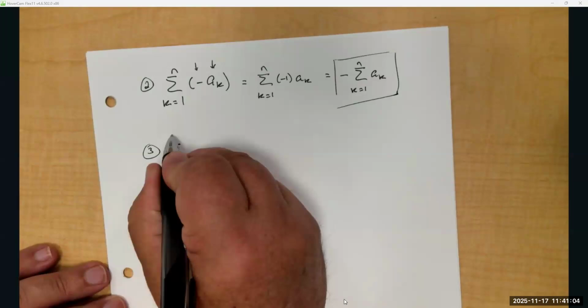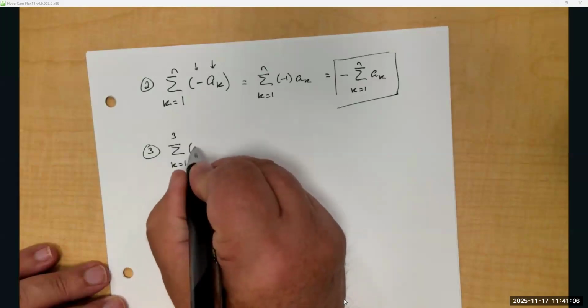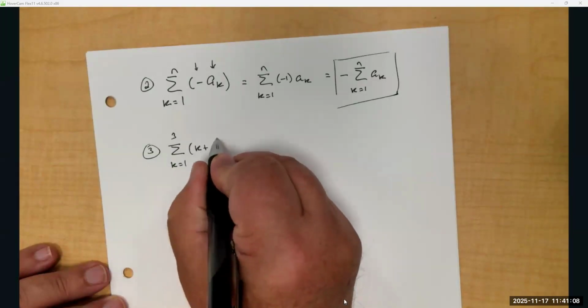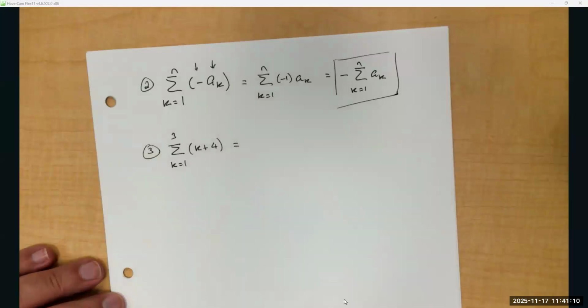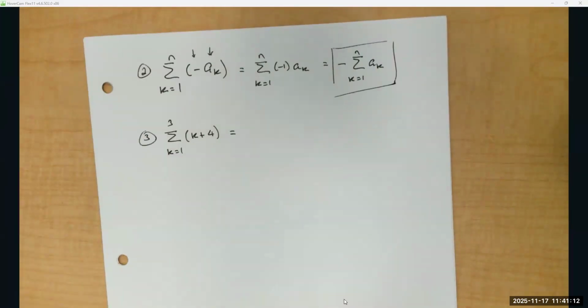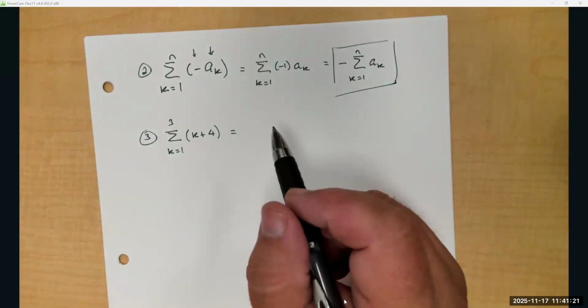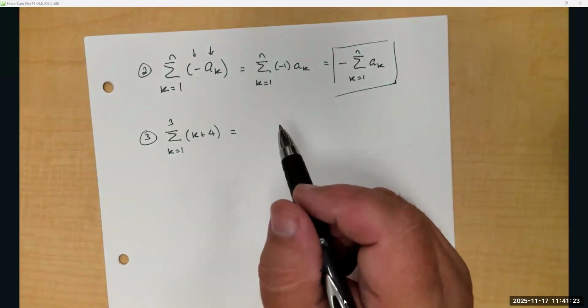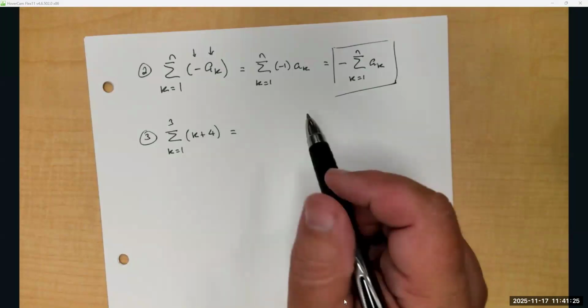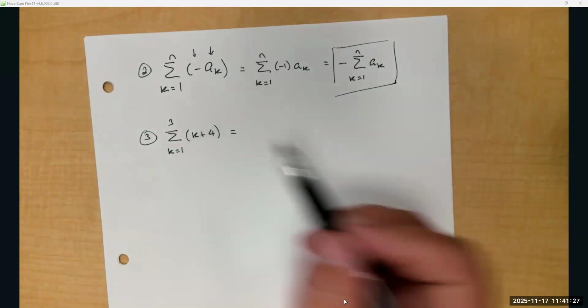K equals 1 to 3, K plus 4. Let's go ahead and use the rules. So what rule do we use in this one?